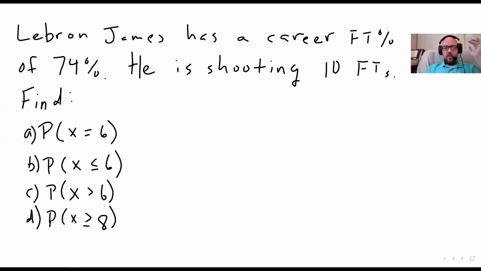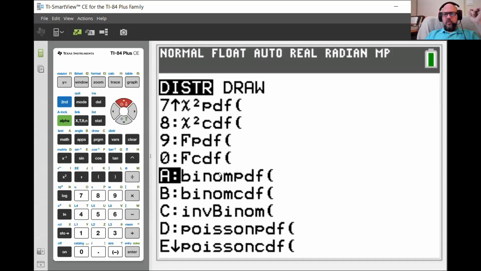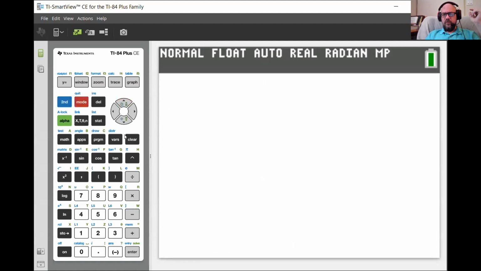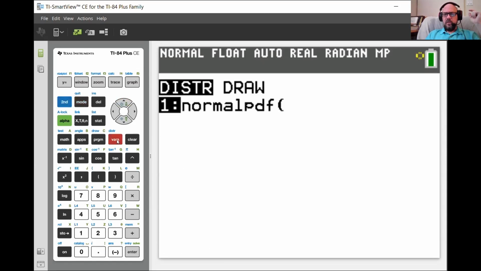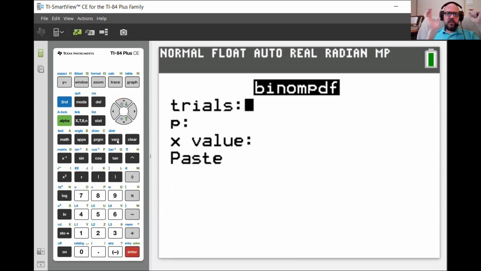So if I go to my calculator, let's show that up. I'm going to do binomial PDF, which again, if you've forgotten, was second VARS. It's in distributions. I'm going to go to binomial PDF. There it is, and it's asking me for the number of trials, probability of success, and then the X value, which is the number that I am interested in finding, which in this case is 6, right?